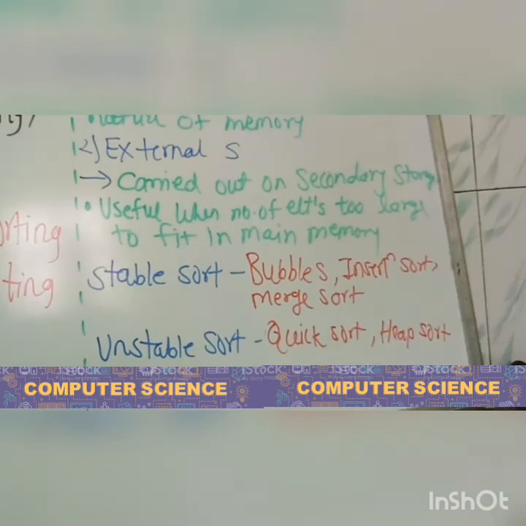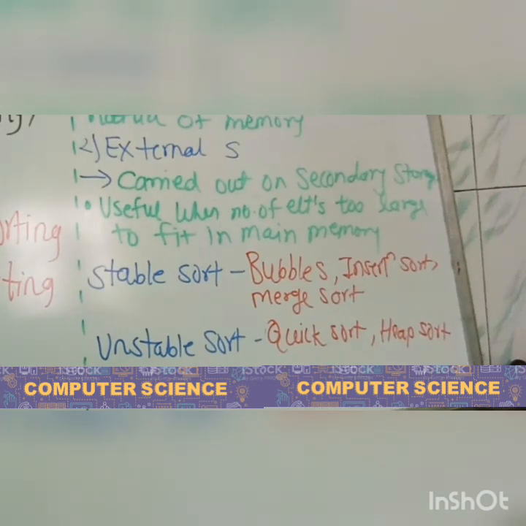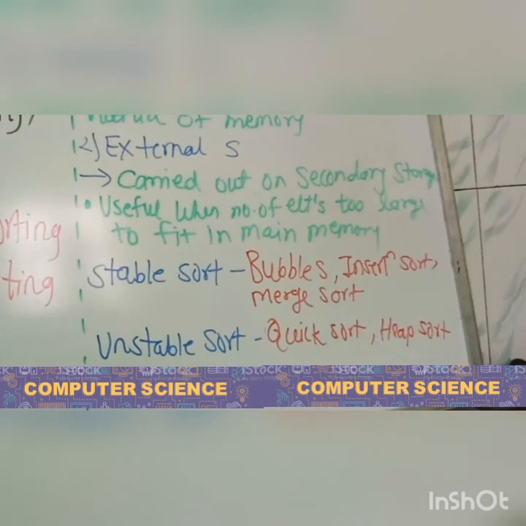So they are termed unstable sorting methods. Which are they? The quicksort and heap sort methods are the unstable sorting methods. So this is a short review of sorting, its types, and which sorting methods come under which category.